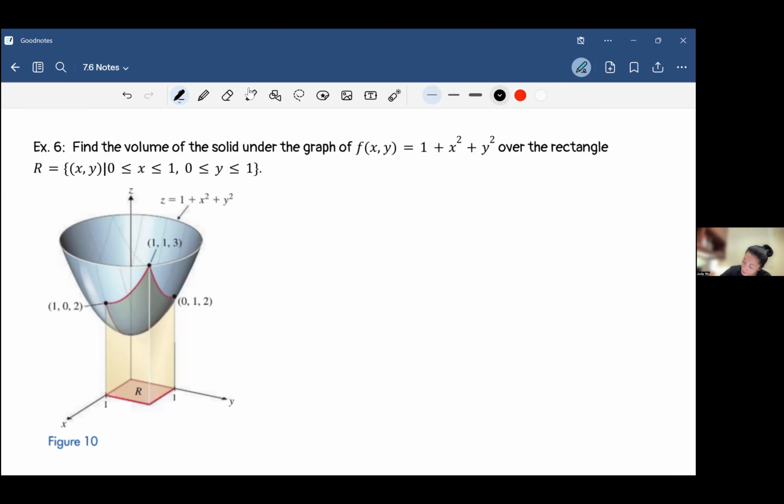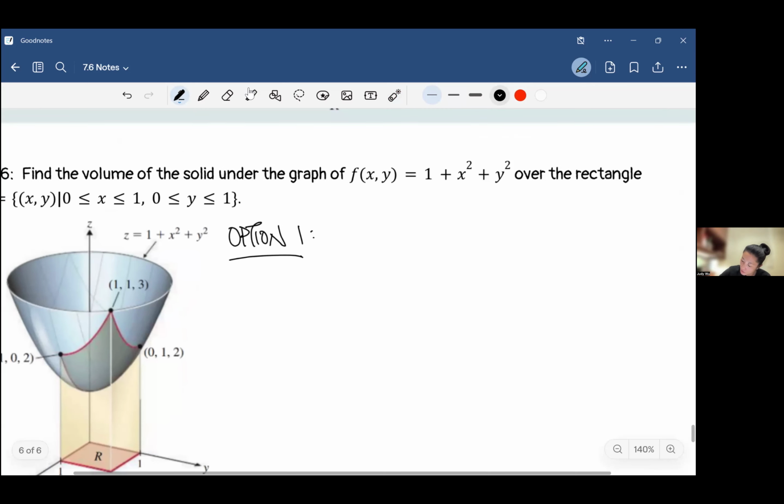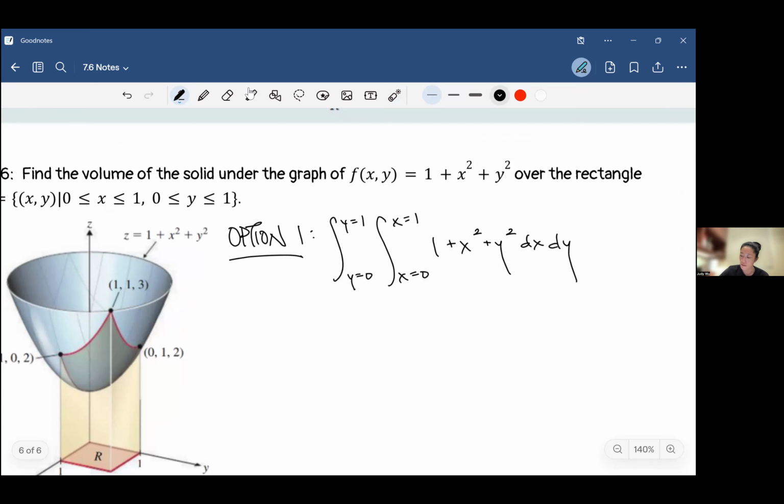Okay, so just like before, we've got an option 1 and an option 2. Option 1, let's put the y's on the outside and the x's on the inside. So the integral from y equals 0 to y equals 1, of the integral from x equals 0 to x equals 1, of 1 plus x squared plus y squared dx dy.